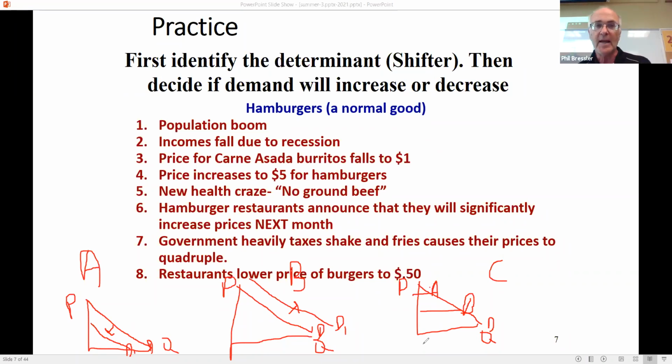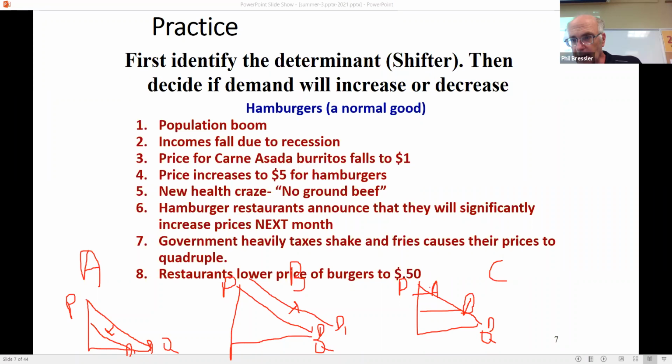All right, now, which determinant, Aiden, would that be? The price. Price isn't a determinant. Carne asada. Yeah, no, but is it taste, income, market size, expectation, or related goods? I'm not sure. All right.